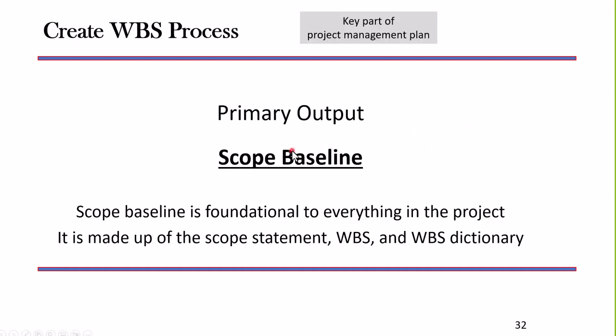So we are in the process here that's called create WBS. But look at what my primary output here is. My primary output is the scope baseline. Remember I said we had 3 baselines, scope, schedule, and cost? Those baselines are placed under control once they have been produced.